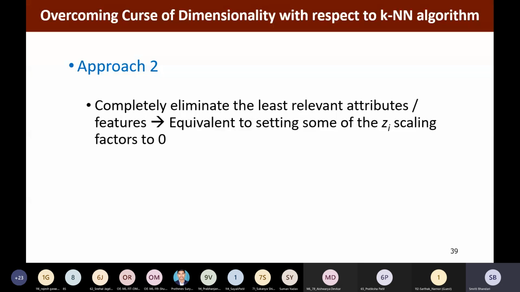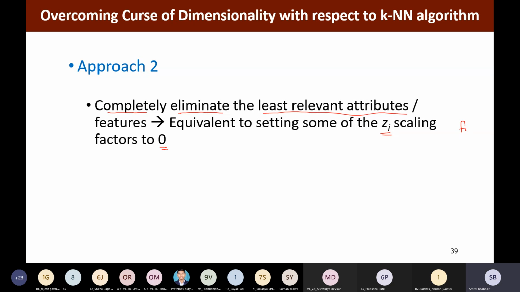So in approach number 2, what we are going to do is, we are going to completely eliminate or discard the least relevant attributes or features. Meaning, it is equivalent to setting this weight Zi associated with feature Fi to 0. That means we are eliminating the effect of that feature.